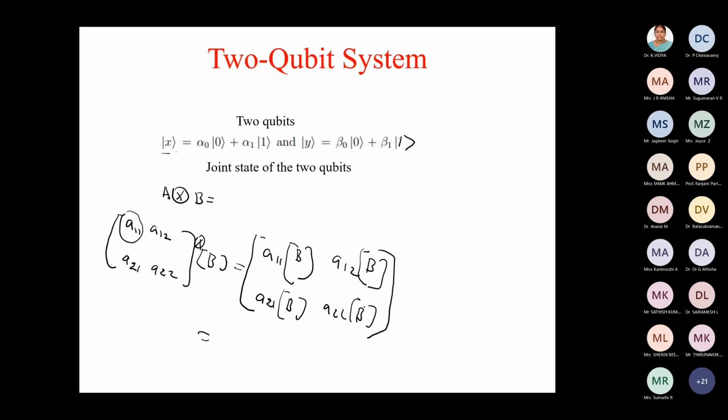So each element of A is multiplied by the second matrix, and this is called tensor product. This same tensor product phenomenon is used in quantum systems to combine or jointly represent 2 or more qubit systems.